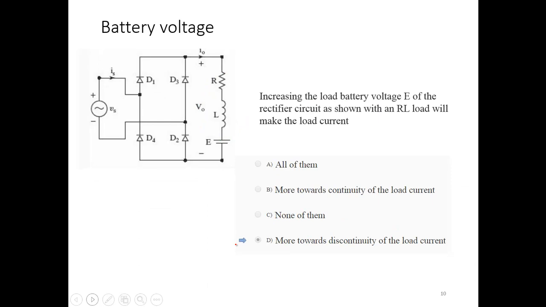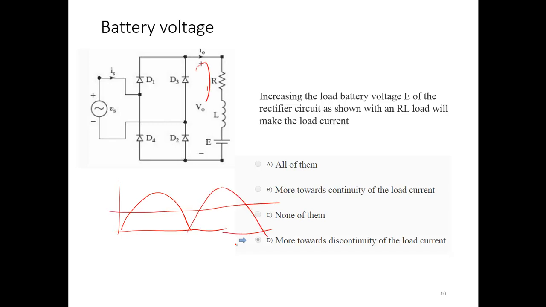The battery voltage, if there is a battery here, what will happen? Increasing the battery voltage will make the load current discontinuous, because it moves more towards discontinuity. If you think about it, if you have a half wave with a battery there, no current can flow unless the input voltage is greater than the battery.